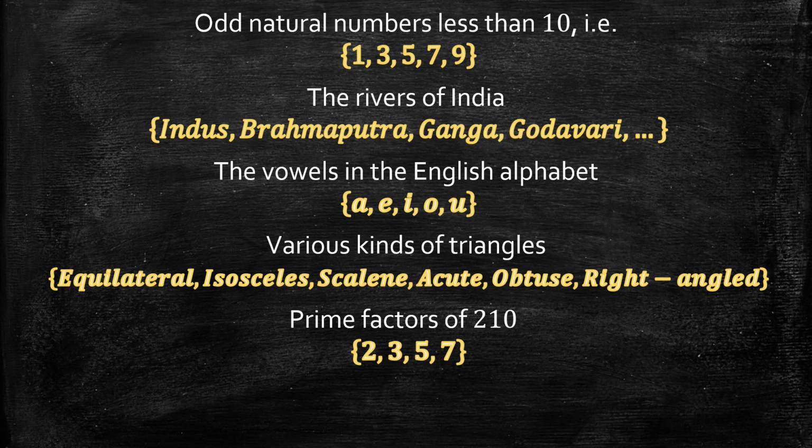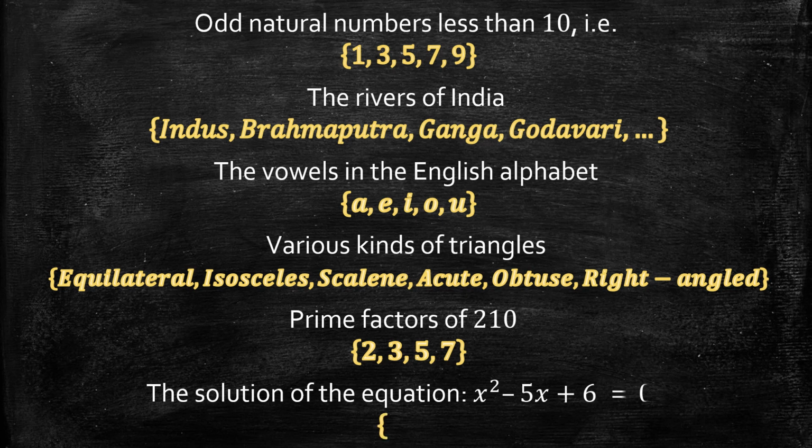And I can also give you another example, the solution of the equation x square minus 5x plus 6 is equal to 0. Here if you put 2 and 3 in place of x, you will get 0.